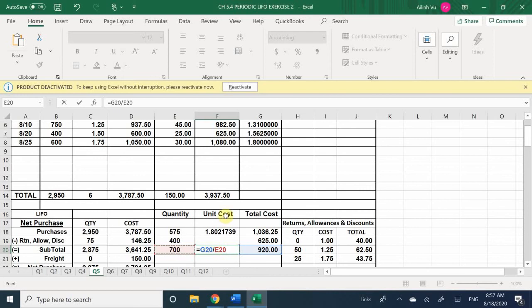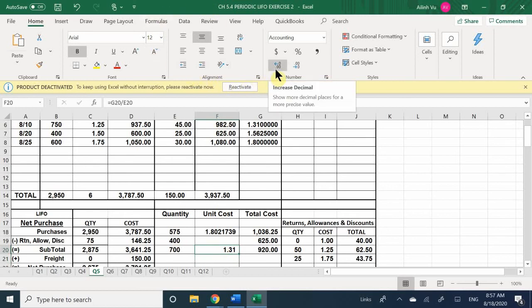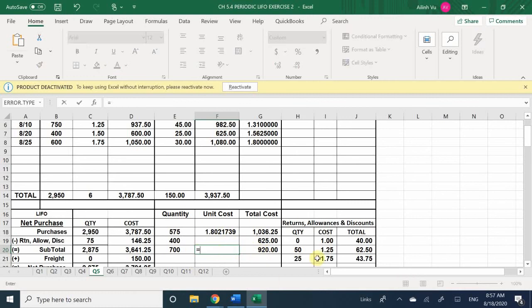Okay, and what do we get here? 1.314287. So we get this long number. I just realized I used a cell reference. So 920 divided by 700 gives you 1.3142.